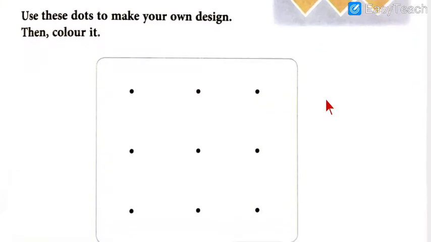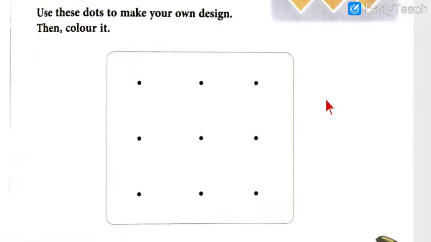Now here one good task is there for you: use these dots to make your own design, then color it. Let me show it to you. You can just make your own designs using these dots.